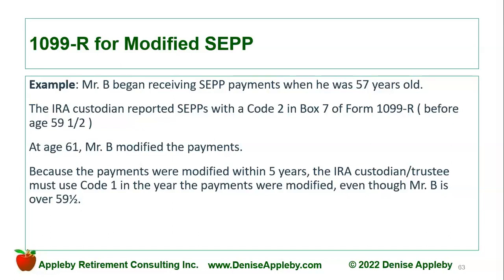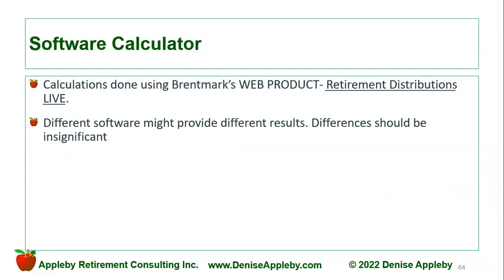But at age 61, Mr. B modified the payments. Now remember, he has to go on for 5 years or until age 59 and a half, whichever is longer. So the 5-year period is what applies in this case, but he modified the payments at age 61. In that case, even though he's over age 59 and a half, the custodian would use a code 1 to report the distribution.